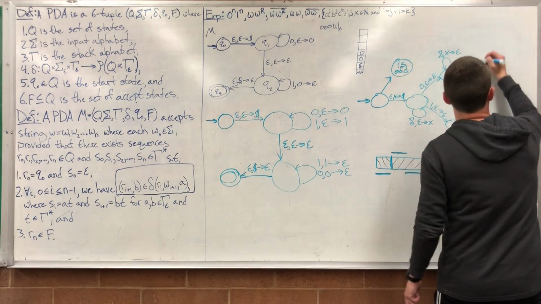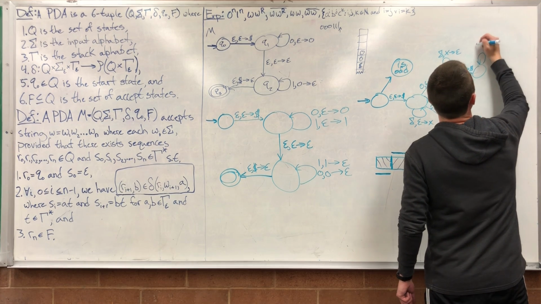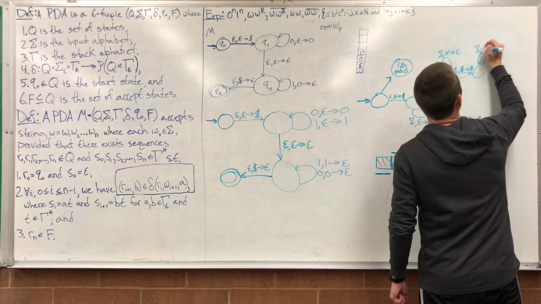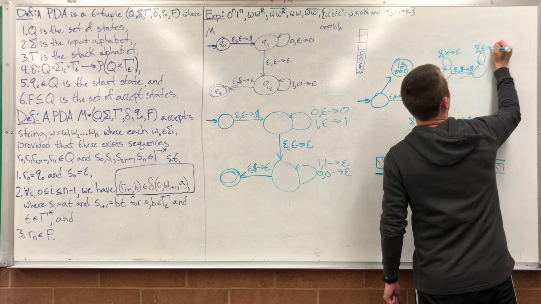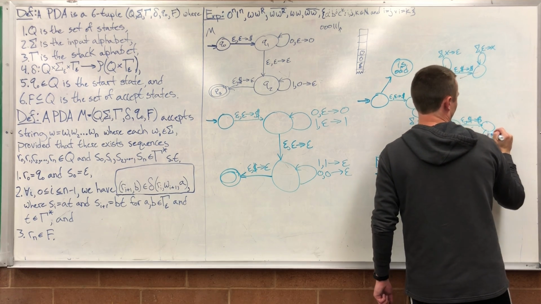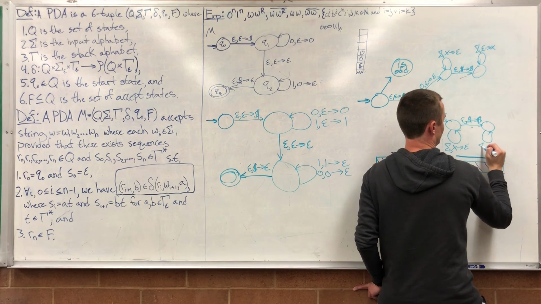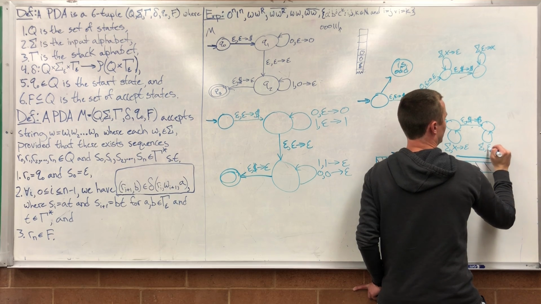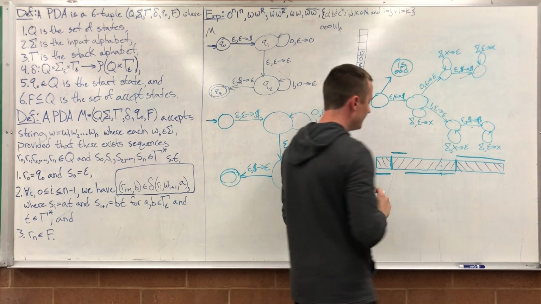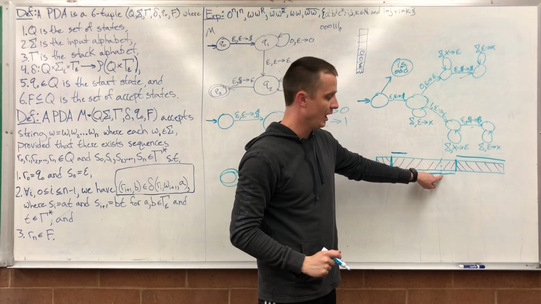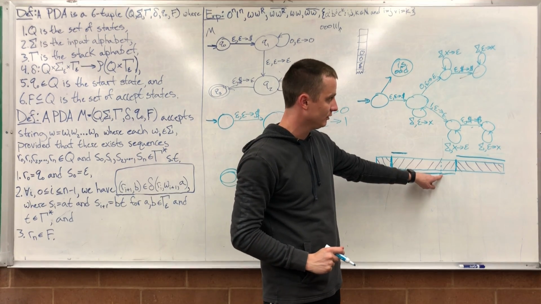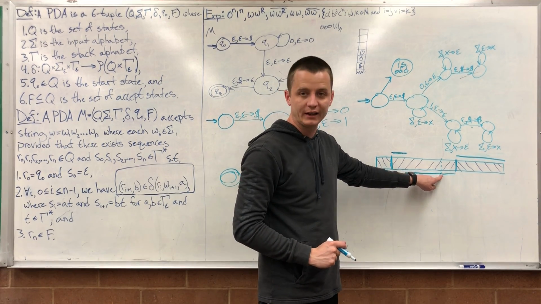Now, for every input symbol, I'm going to pop nothing, I'm going to push an X. And for every input symbol, I'm going to pop nothing, I'm going to push an X. And that'd be a non-deterministic guess, once again, that we're at our mismatch.